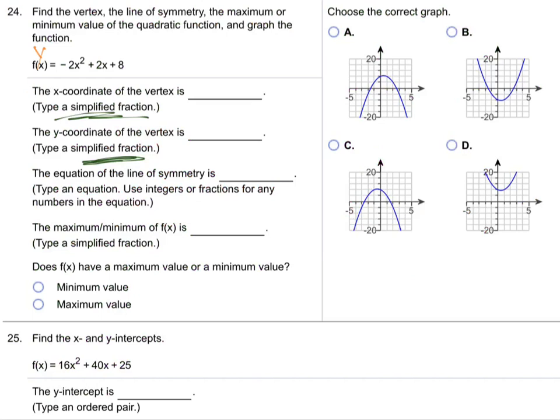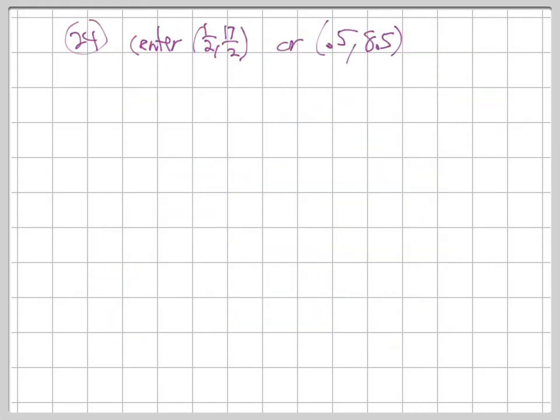Now what else? They want the x-coordinate, so this would be 1/2. This is 17 halves. They want fractions. The equation of the line of symmetry. So if we were to graph this thing now, let's graph it.